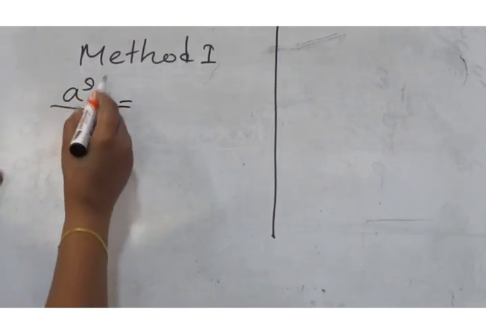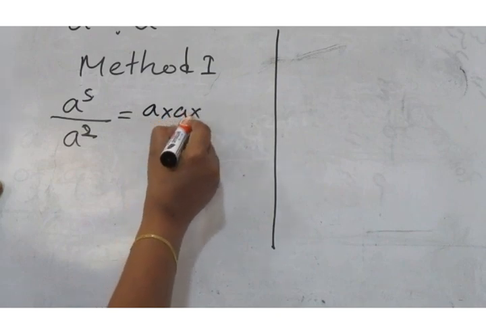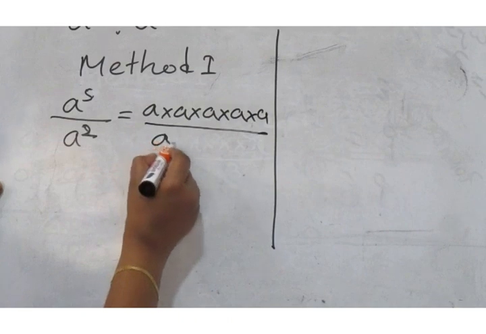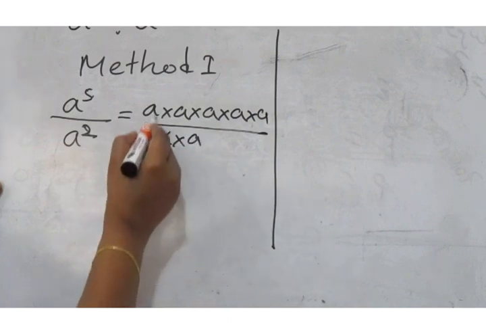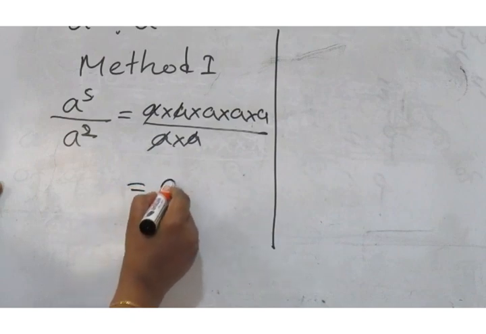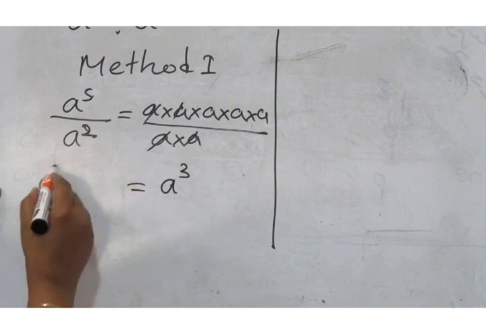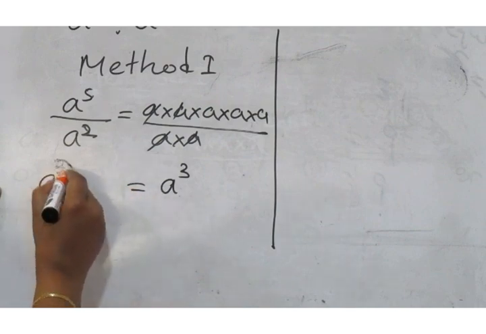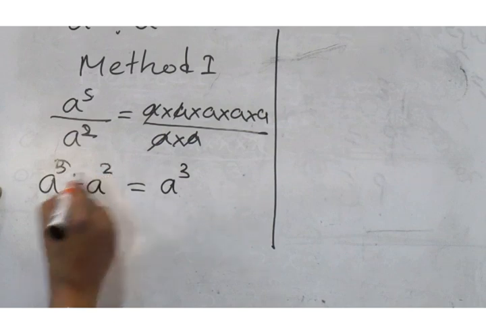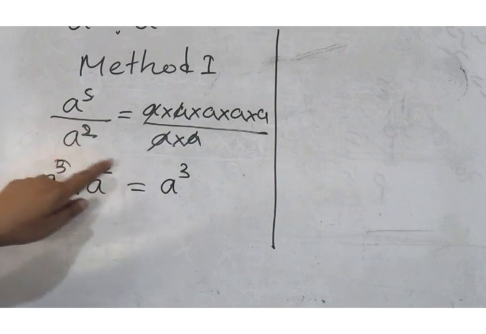Now write the expansion form of numerator and denominator. Now we can simplify this way. Then remaining product as a power, a to the power 3. Then we took this answer, division of these two equal powers. Now we can take this answer by subtracting these two indices.